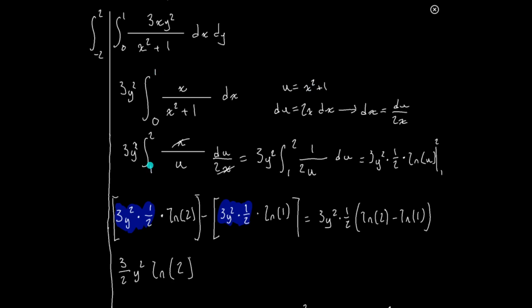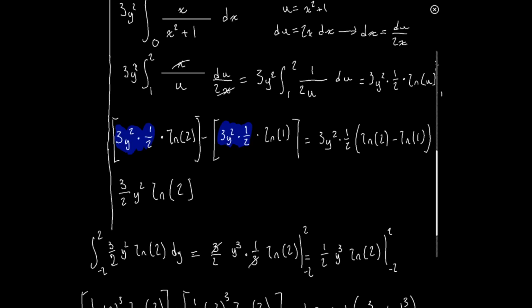And then those were our new lower and upper bounds. Then, after we got all of our U substitution done, we took our integral over our new bounds, substituted those bounds into the equation, and subtracted the lower bound from the upper bound. And then that gave us this new equation here.